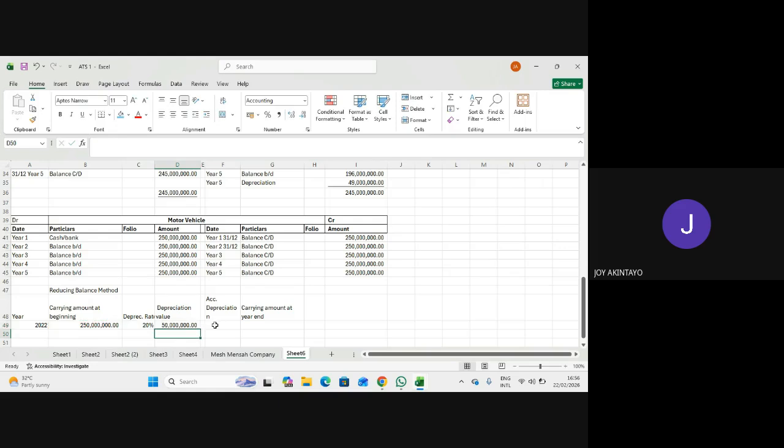Then you minus it. So what's the accumulated depreciation? Your accumulated depreciation will also be 50 million. Are we together?